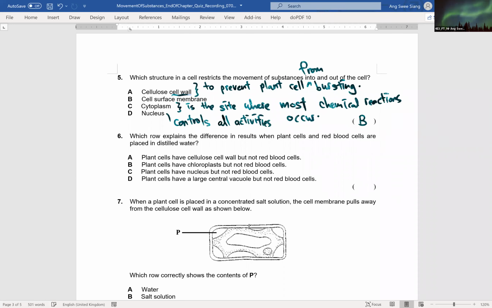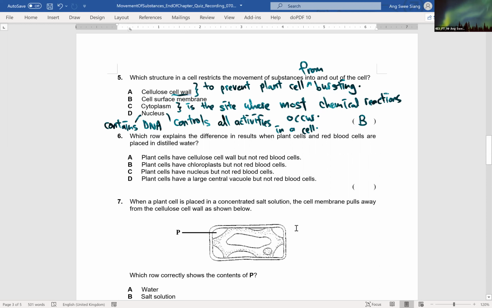How come it can control? It's because it contains DNA.